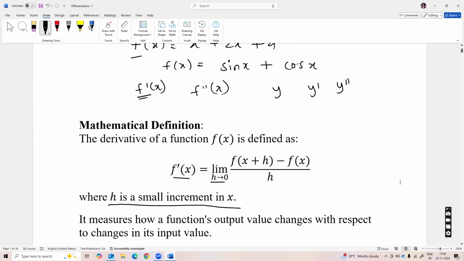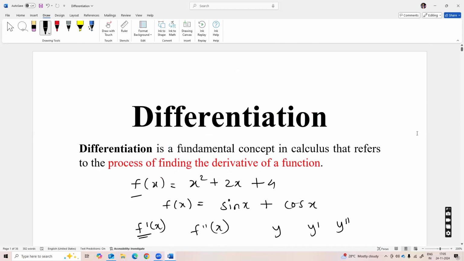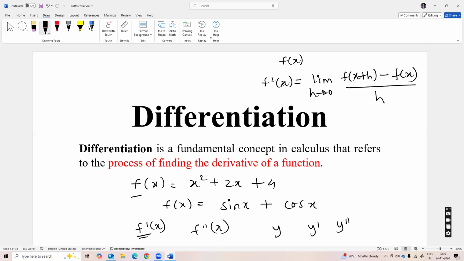So if we have function f of x, its derivative f dash of x is limit h tends to 0 of f of x plus h minus f of x divided by h.